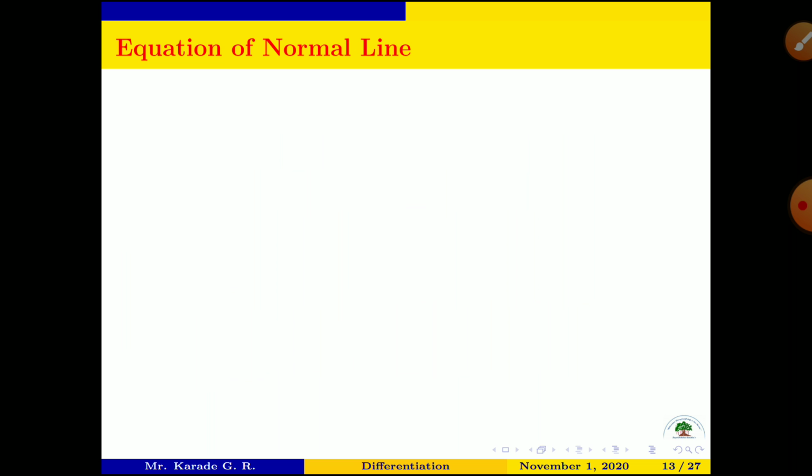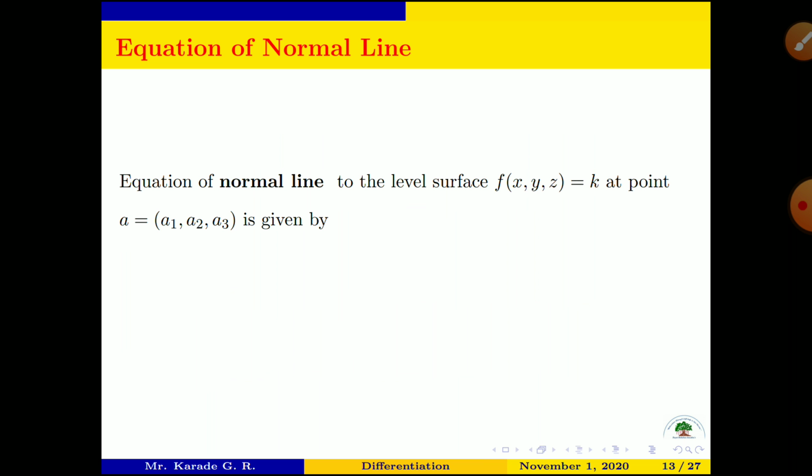Okay, so now let us see the equation of the normal line to the given surface.